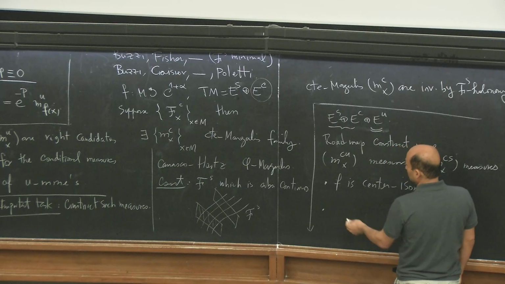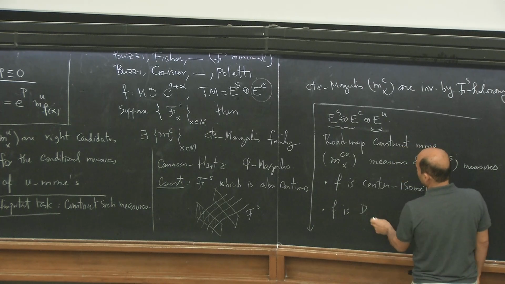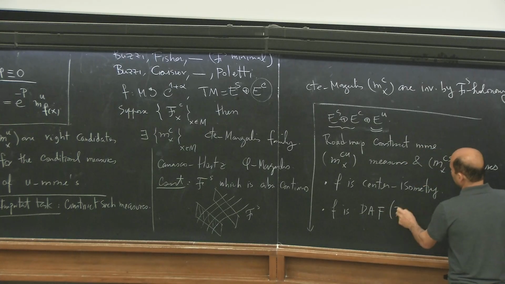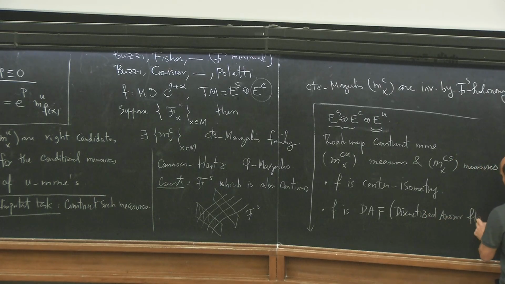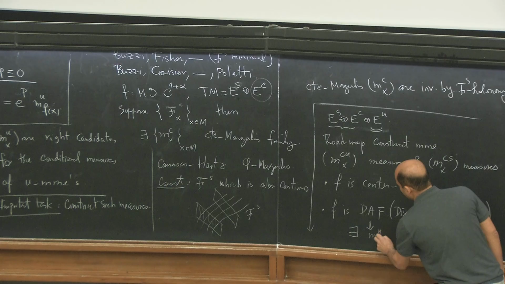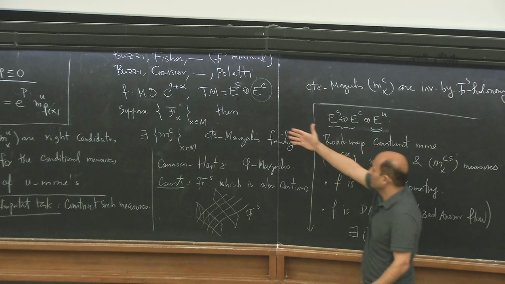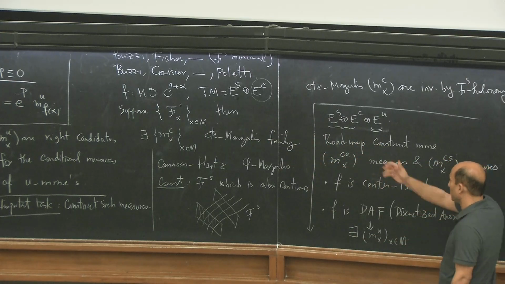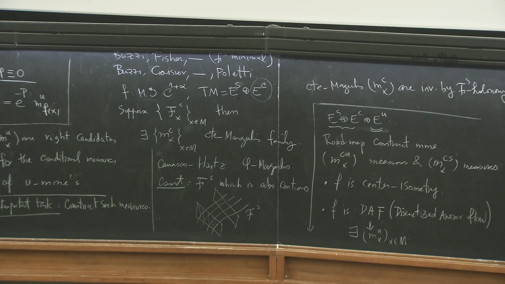In a more general situation, where we have a discretized Anosov flow, which I can define a bit later, you can construct MUX, X belonging to M. You construct the MCU measure using this abstract functional analysis technology, fixed point theory, and then from MCU you get your measure.